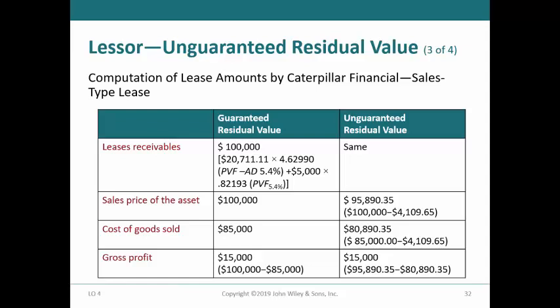The difference between these amounts and those reported for a guaranteed residual value is the present value of the $5,000, or the $4,109.65. Notice, though, that there is no difference in the gross profit on the sale under either method. It is still $15,000 as we mentioned earlier. The gross profit on a sale is not affected by whether the residual value is guaranteed or not.